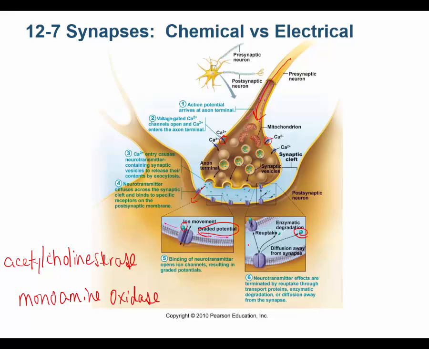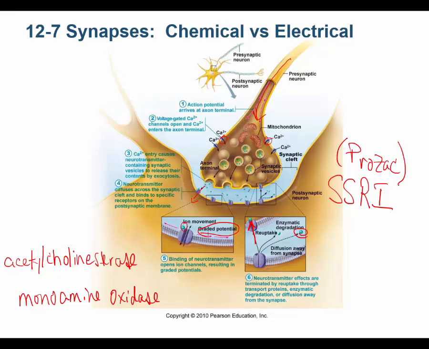But there is another way to remove the neurotransmitter, and that's reuptake right here. The neurotransmitter is taken back into the presynaptic neuron, called reuptake. And you've probably heard of reuptake inhibitors. Matter of fact, you've probably heard of selective serotonin reuptake inhibitors, otherwise known as, say, Prozac.